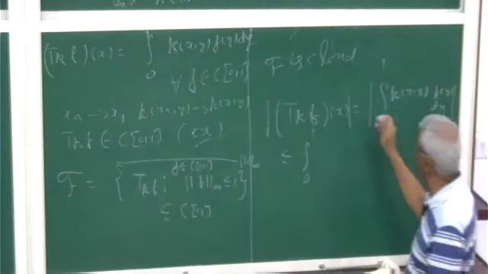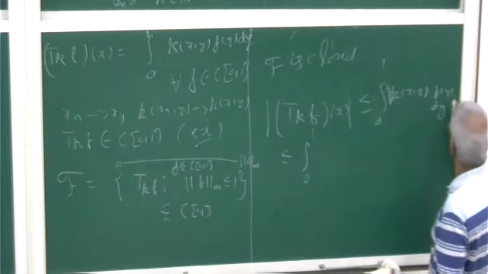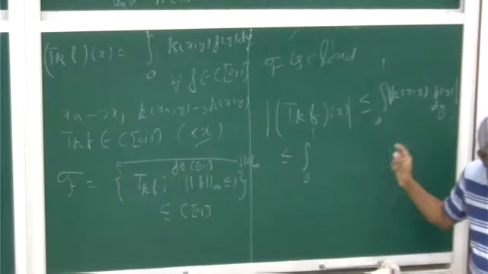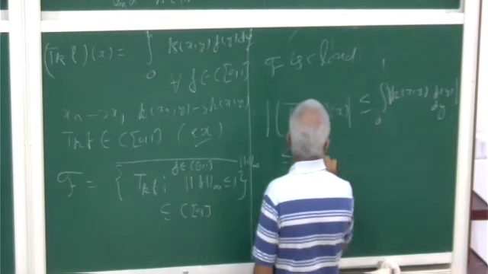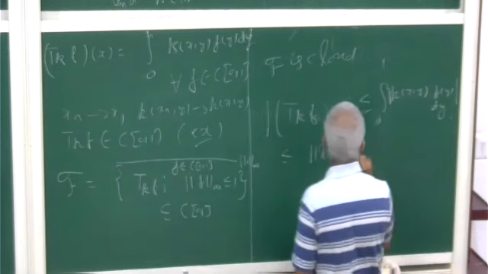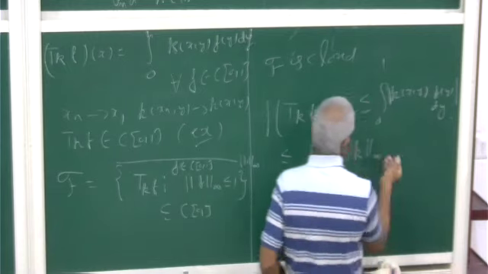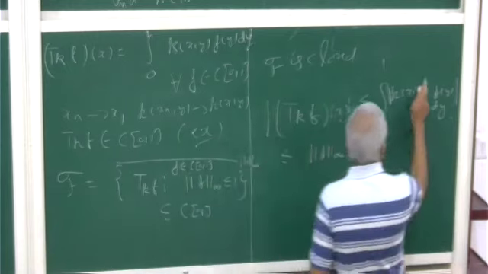You can take the mod inside. This is positive, that is positive, so the whole integral will be less than this. So you can take norm f infinity, and you can also take norm k infinity in x cross y. Then the integral there will be only one. So this is less than this.